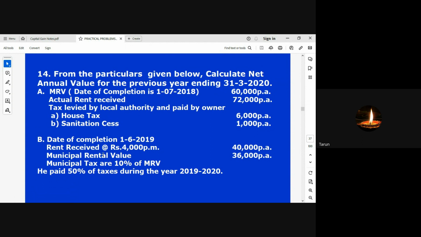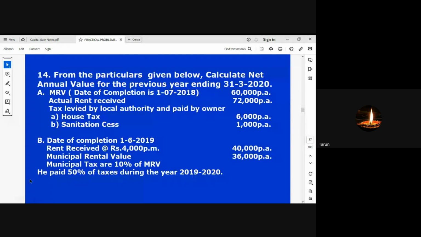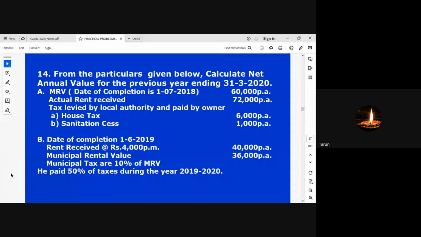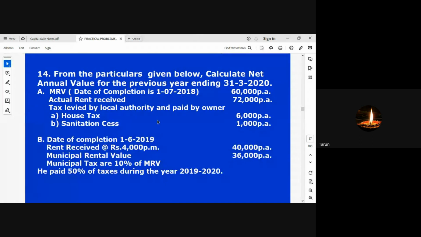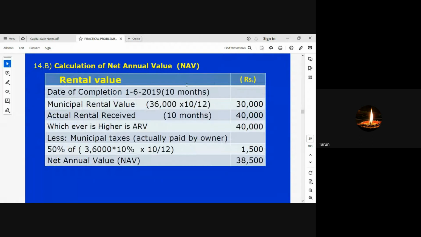But when the ending period is 2020 and the date of completion is 2018, then we will not consider any calculations related to the date of completion, because that is already the base year, this is the previous year, and this is the current year, 2020.